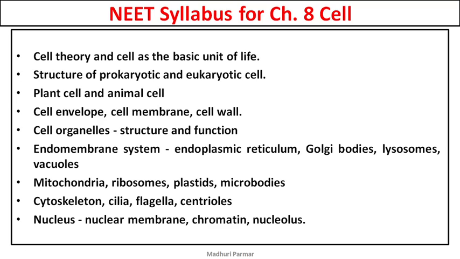It includes the endomembrane system, which is made up of these organelles, which are endoplasmic reticulum, Golgi body, lysosomes, and vacuoles. Then mitochondria, ribosomes, plastids, microbodies, and finally the cytoskeleton, cilia, flagella, centrioles, and nucleus.